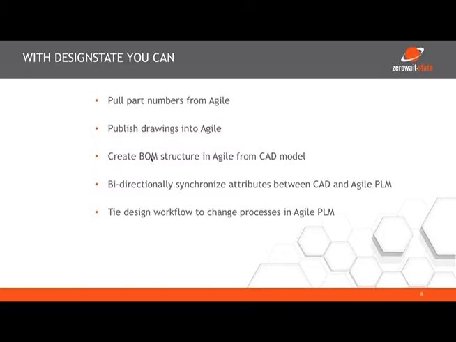You can keep a synchronization going between attributes in both systems bi-directionally, and then you can tie your design workflow into change processes in your Agile PLM system. With this, I'll give control to Mike to demonstrate some of the DesignState use cases in much more detail than what I've described here. Mike, you're the presenter now.